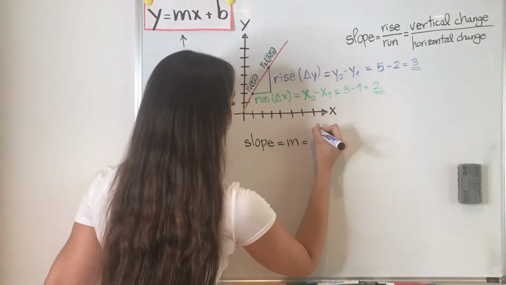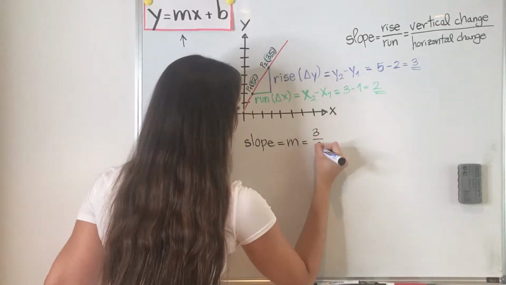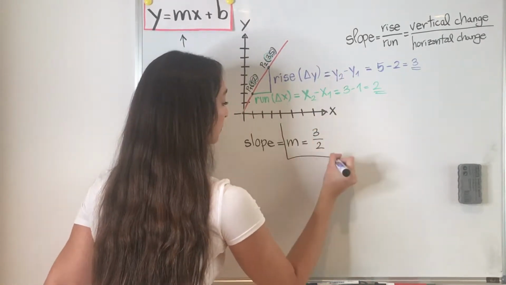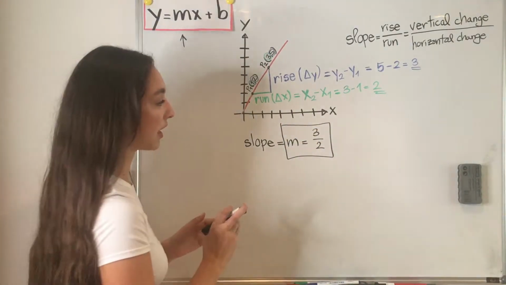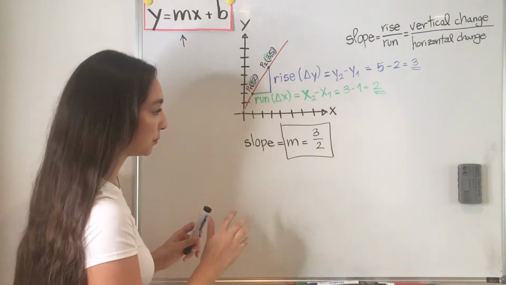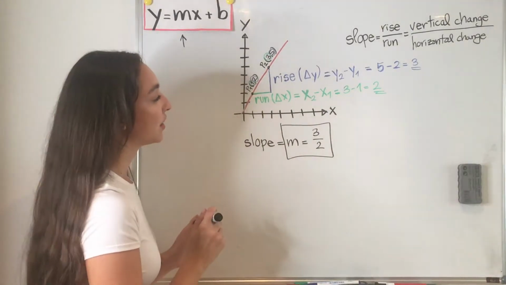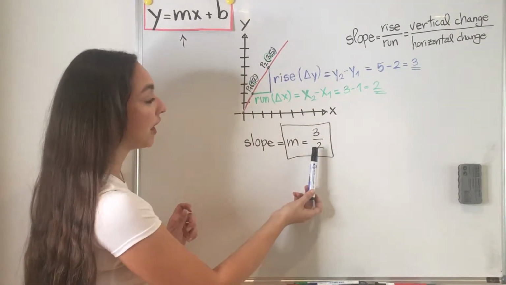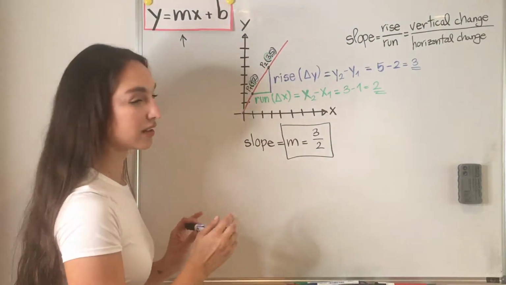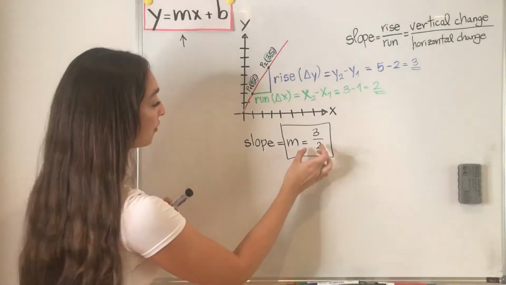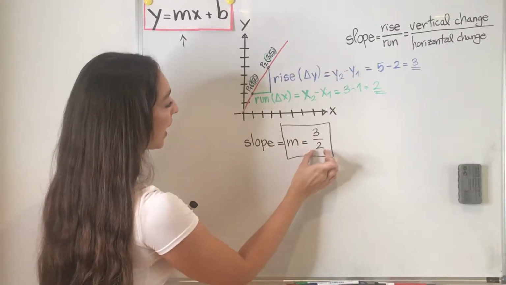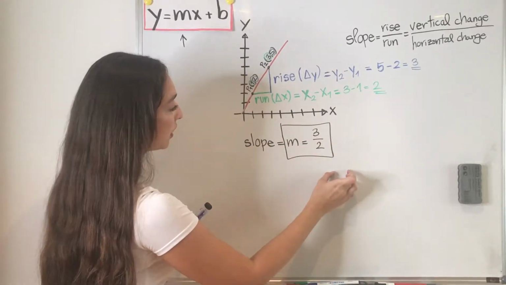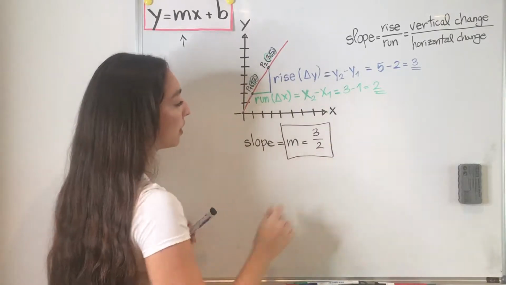So in this case, it's going to be 3 over 2. And 3 over 2 just means that in this linear function, every time we increase the units in the x-axis by 2, the units in the y-axis increase by 3.